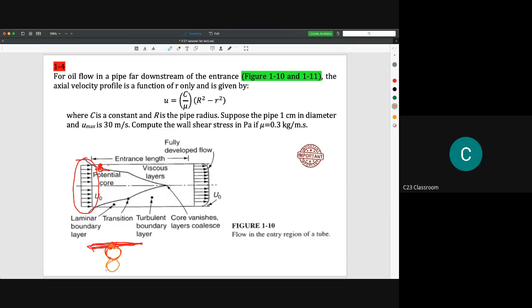Then the second molecule will still feel the resistance, but this resistance is not so strong, so that molecule moves at a certain velocity. But because the molecules touch each other, its velocity is actually very slow. That's why we assume that the velocity distribution in the entrance length will become like this. So the velocity starts to develop, and so on and so forth.